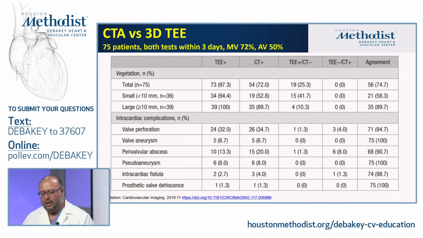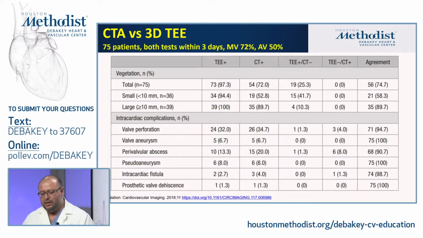And when we looked at this in a series of 75 patients who had both TEE and CTA, if you're looking for vegetation, obviously TEE is your gold standard, because out of 75 patients with vegetations, 73 were picked up by TEE, but only 54 were picked up by CT.